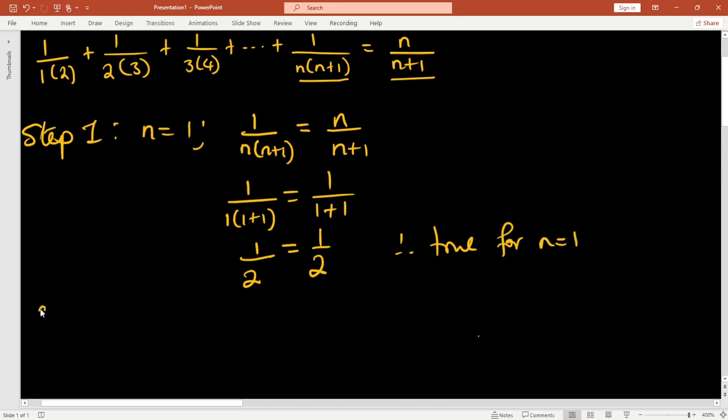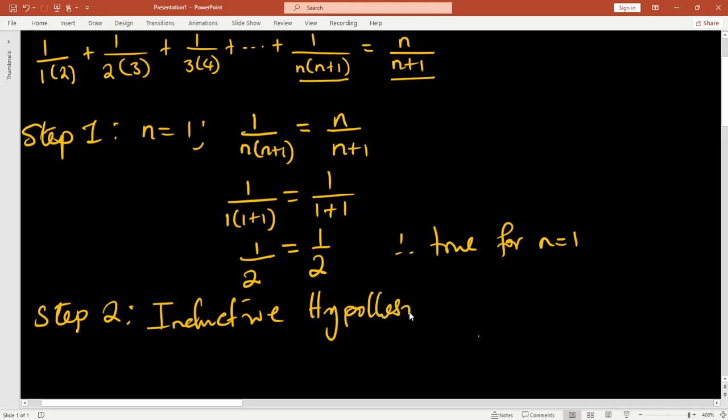Now, step number 2 is the inductive hypothesis. Under the inductive hypothesis, we make an assumption that what we have is true for n equals k. Meaning that we copy this expression the way it is, but where there's n, we substitute the k.